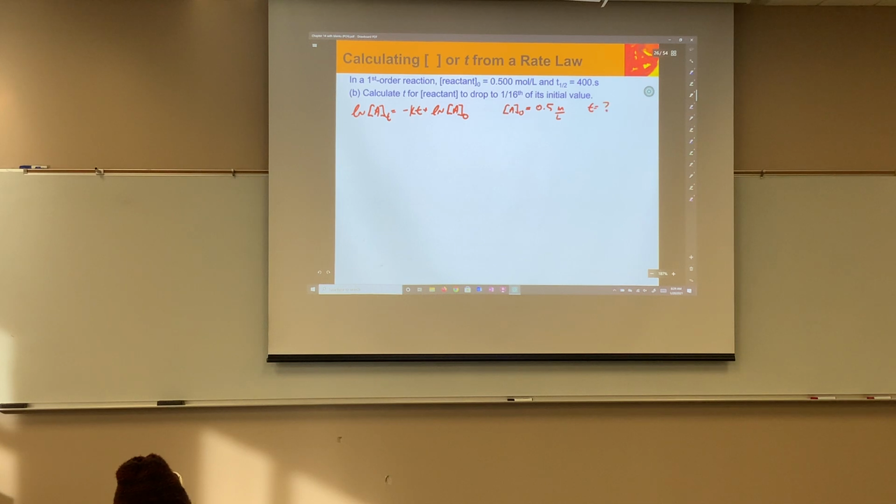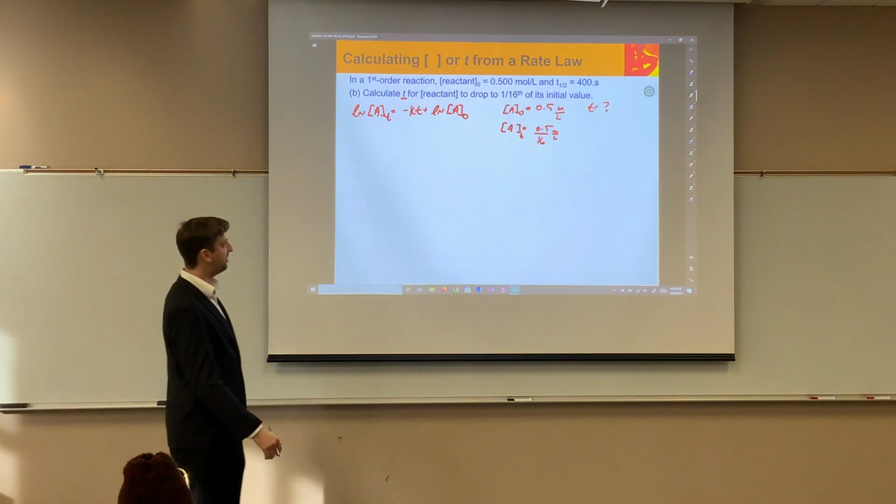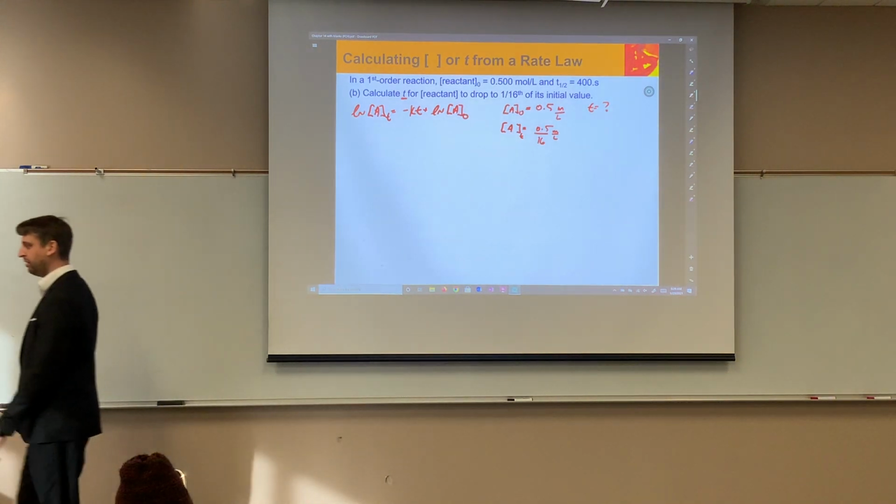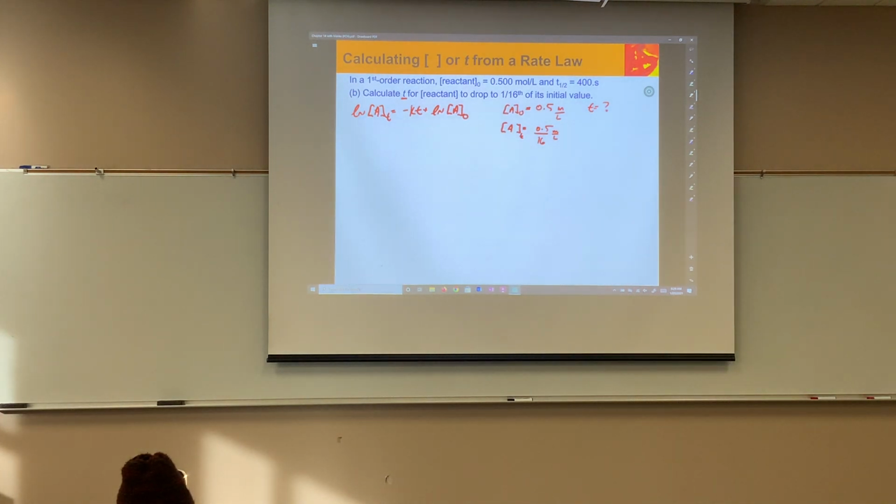T is what we're asked to figure out, calculate T. A sub T is equal to 0.5 divided by 16, because it says, how long does it take for the initial concentration to get to a 16th of where it started? And we have K, which we calculated from last time: 1.733 times 10 to the minus 3 inverse seconds. Good?